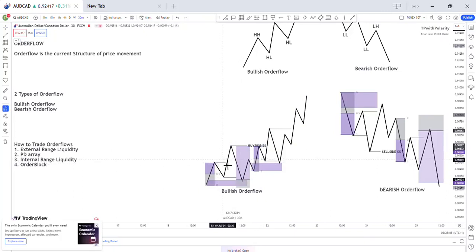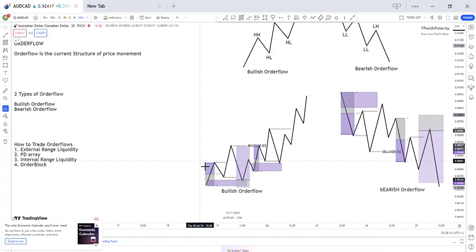Once your liquidity gets taken out, you want to look out for it to get taken out first. The second thing you want to know about is the PD array, that's the premium and the discount. The premium and discount is so important because price must be balanced.